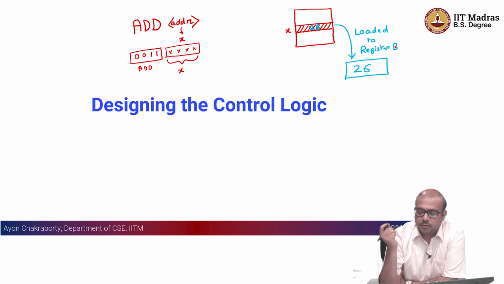So, only after this I can do the addition, I cannot do the addition before that. So, there has to be a step where the value at x is copied to register B.